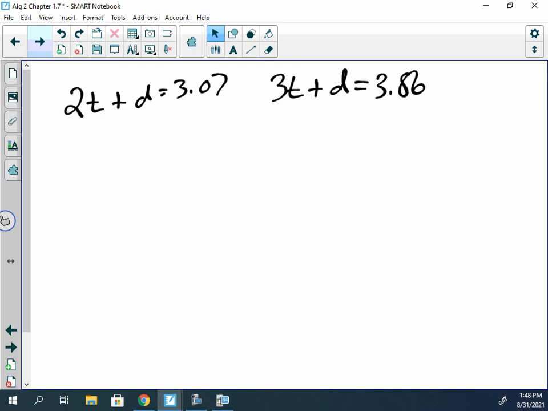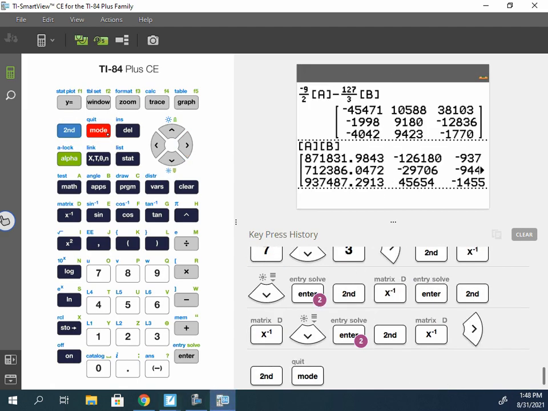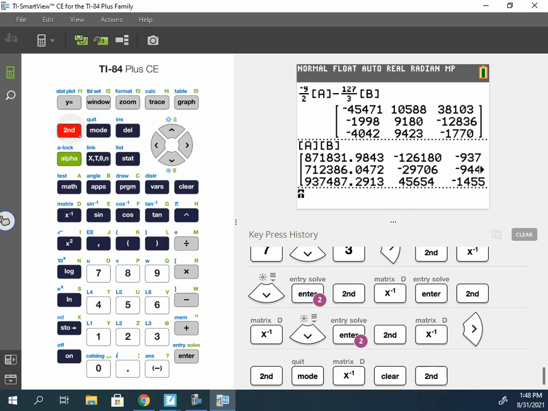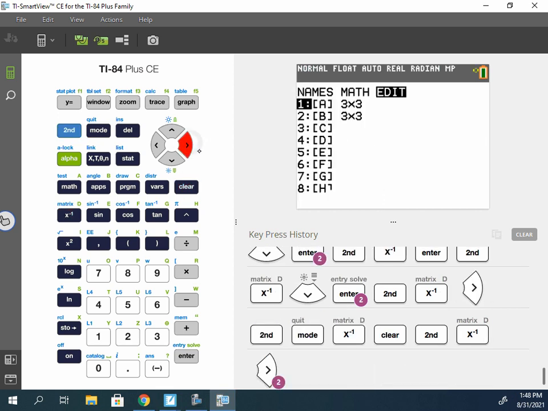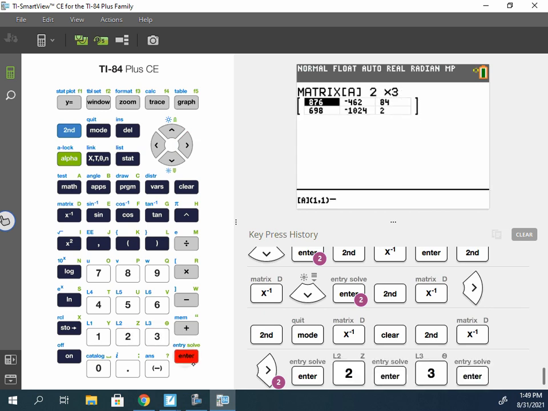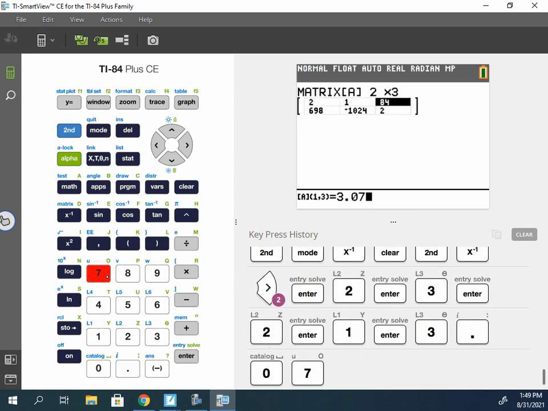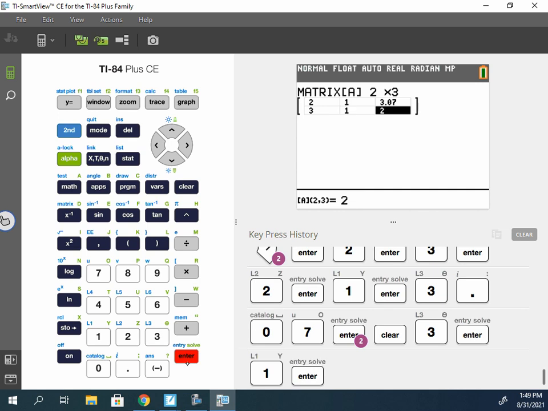So we could try canceling out T, or what we could do is go over to the graphing calculator and say second matrix, edit, and these here would be 2 by 3, and we can go 2, 1, 3.07, 3, 1, 3.86.